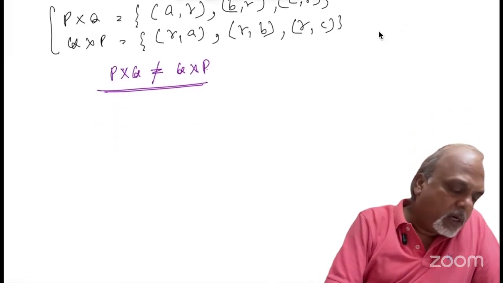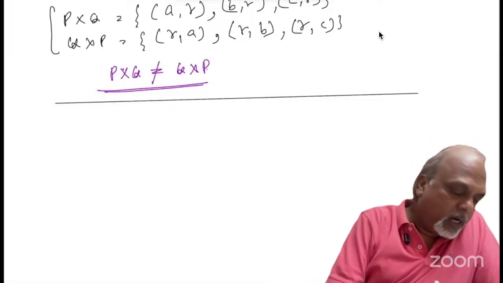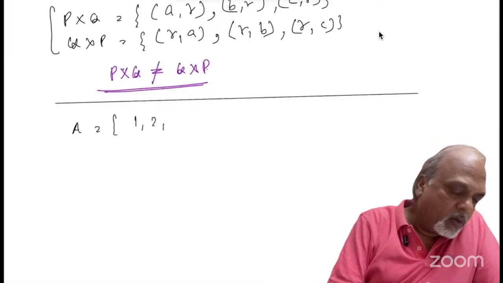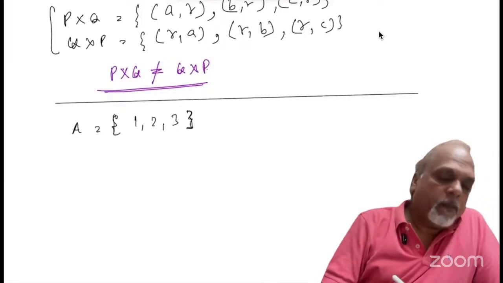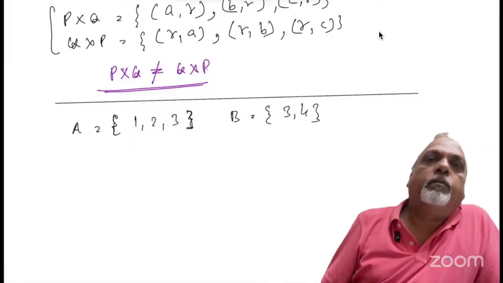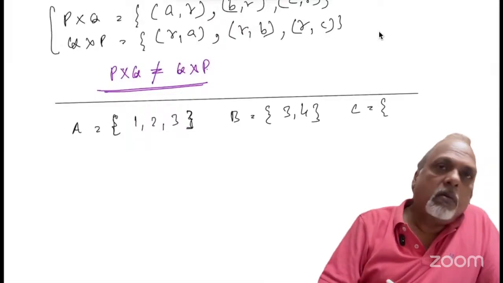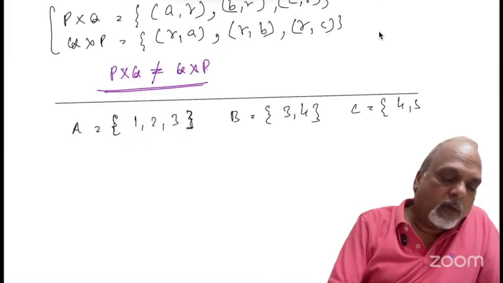Then let us take, suppose you have set A as 1, 2, 3, and set B is 3, 4, and let us take C as 4, 5, 6.